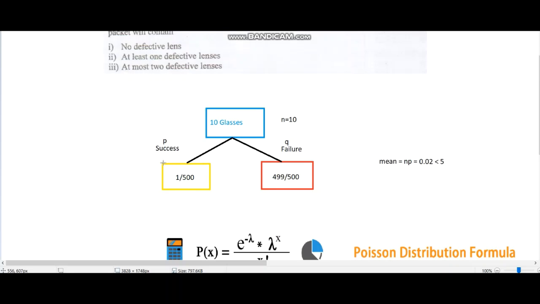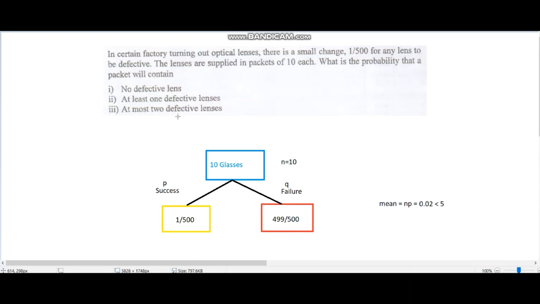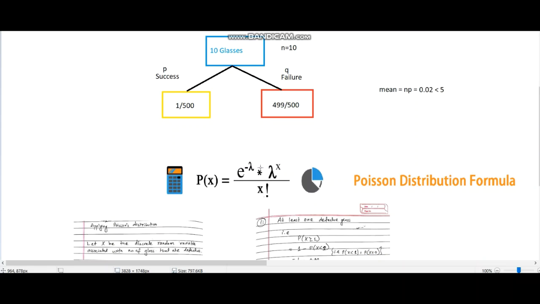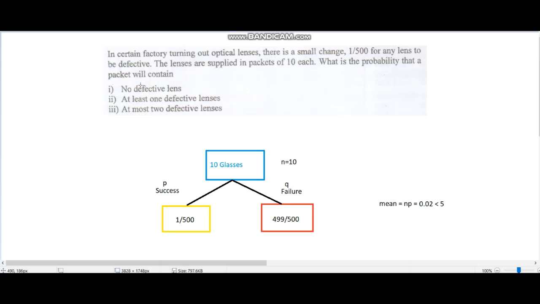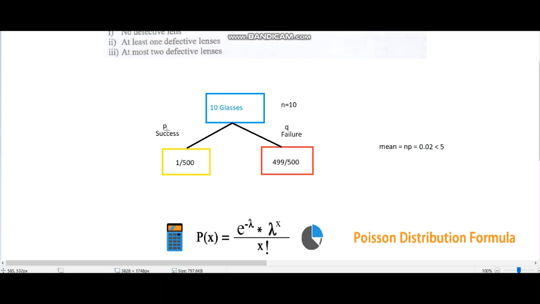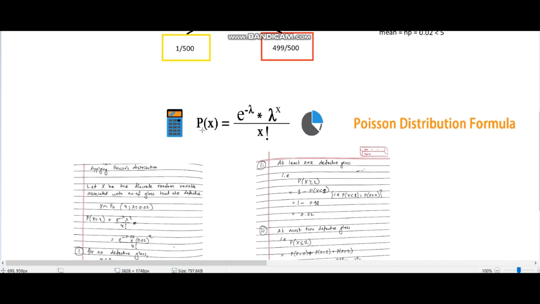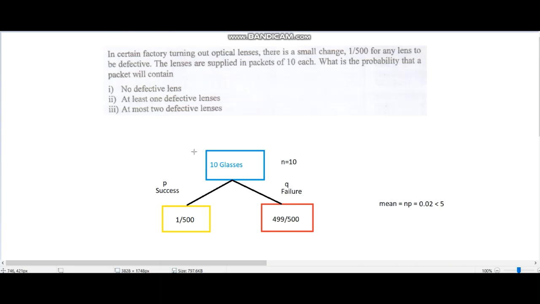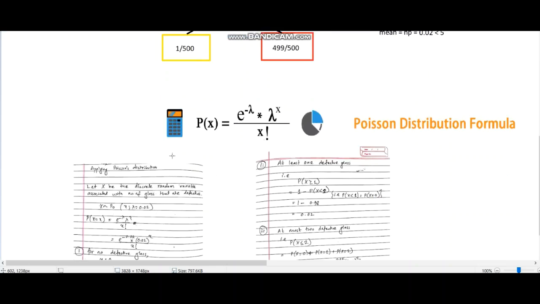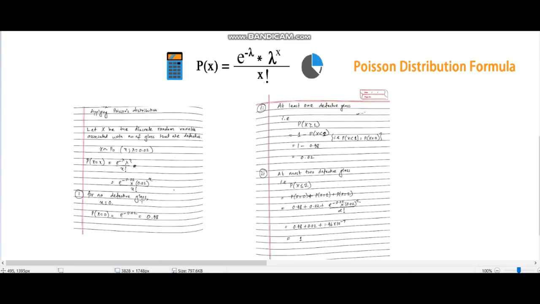We have labeled the success as the probability of getting defective lenses. So this x for question number 1 will be 0, because the probability that a packet will contain no defective lens means that for this success, we have to get 0 defective lenses. So for no defective lens, x equals 0, you can put x as 0 here and you will get 0.98.